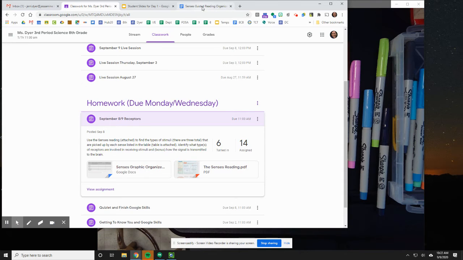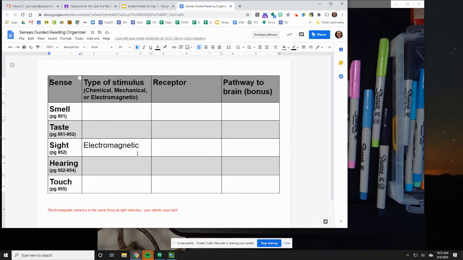So let's look at what the organizer looks like. You're going to look at your different senses right here, so smell, taste, sight, hearing, and touch. You're going to identify from your reading what type of stimulus each of these senses takes in.